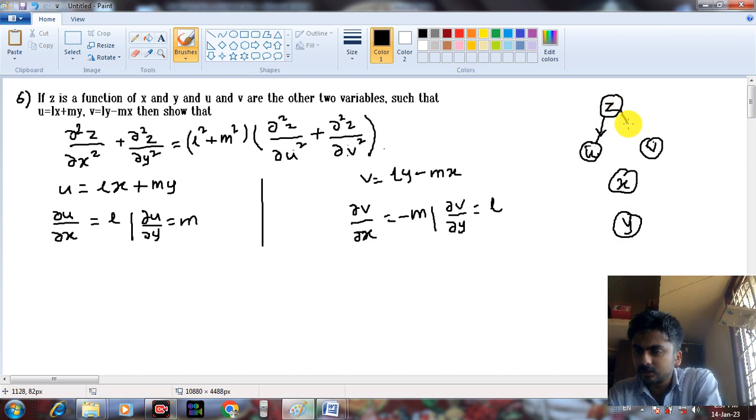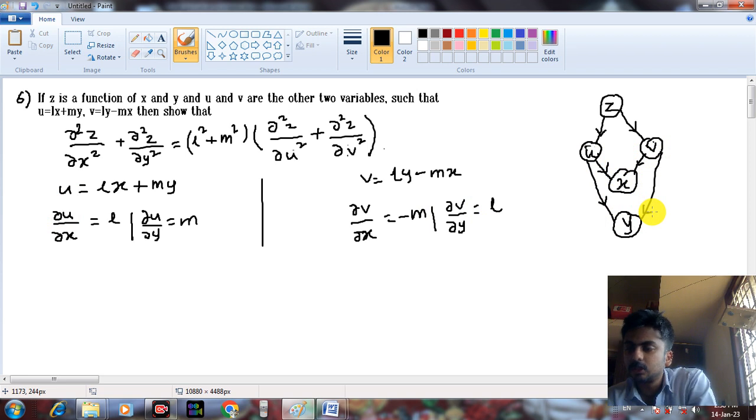Here z is a function of two variables. Ultimately z is a function of x and y, but initially z is the function of u and v. Then only we can make use of this u and v. So u is the function of x and y, also v is the function of x and y. So this is a composite function of two variables.